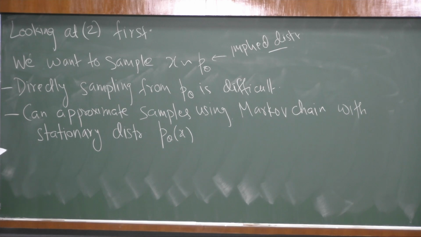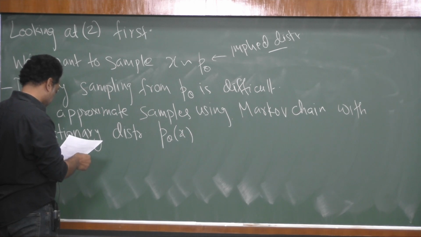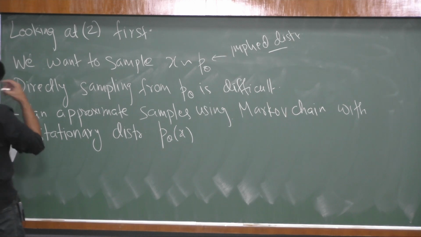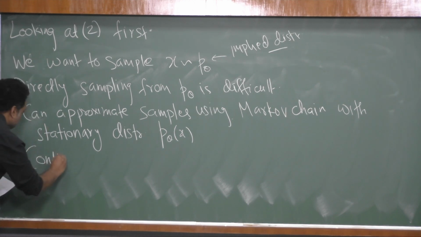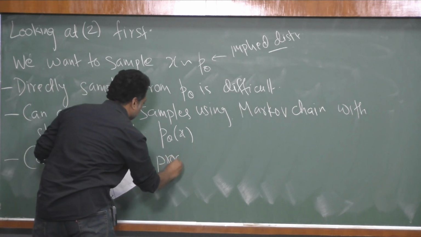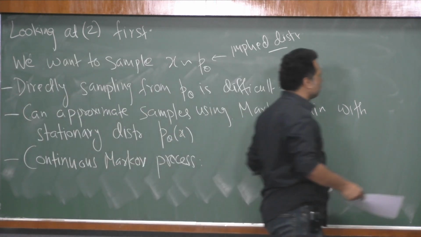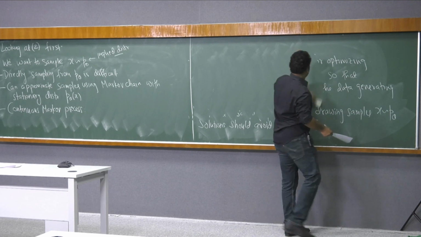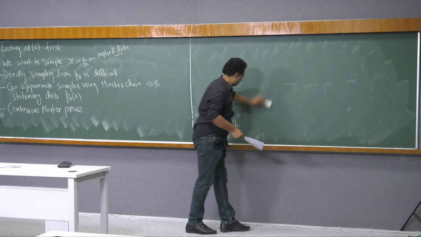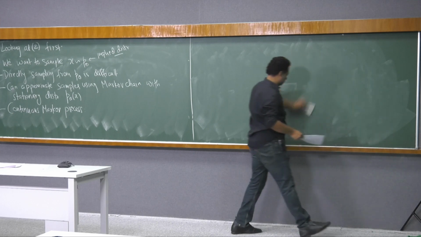In fact, this is how we will go there. We define first a continuous variant of a Markov process. A continuous Markov process would be a differential equation basically. As I said, we don't want to know the differential equation part, but what we want to know is the algorithm that will be used.